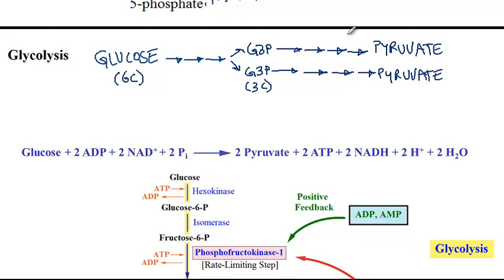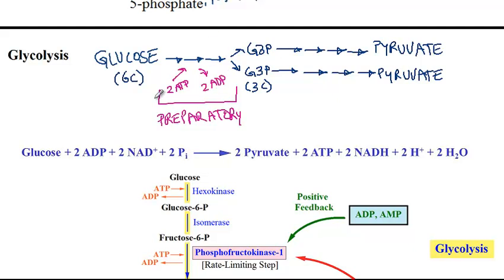Alright, now we can split these reactions into two parts. One is the preparatory phase. The reason for that is that these first few reactions will require 2 molecules of ATP, and then it will give out 2 ADP.